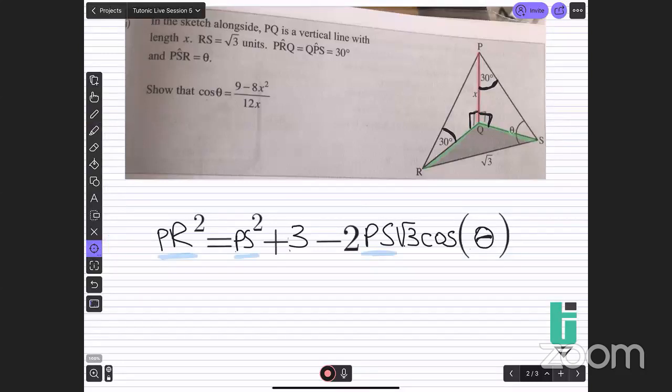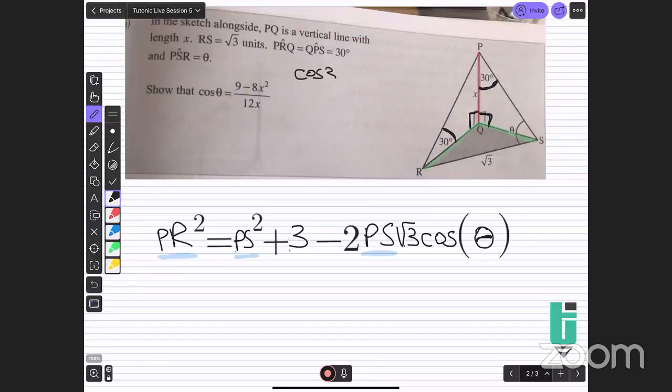So if you wanted to find PS, you've got 30 degrees, you've got x as the adjacent and you've got a hypotenuse. So which ratio? The cos ratio.